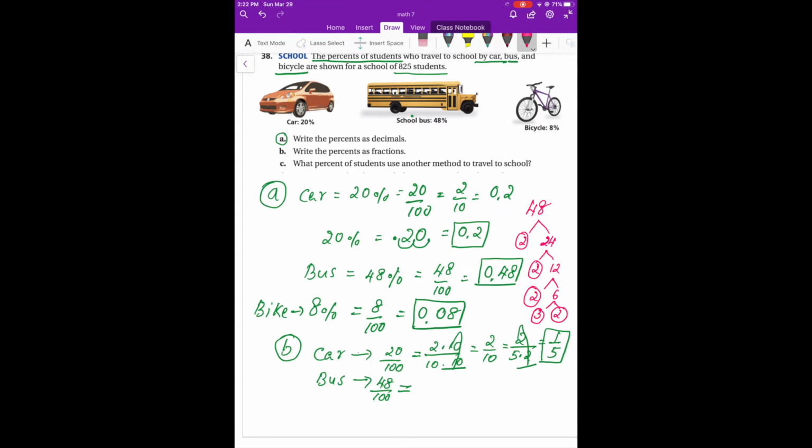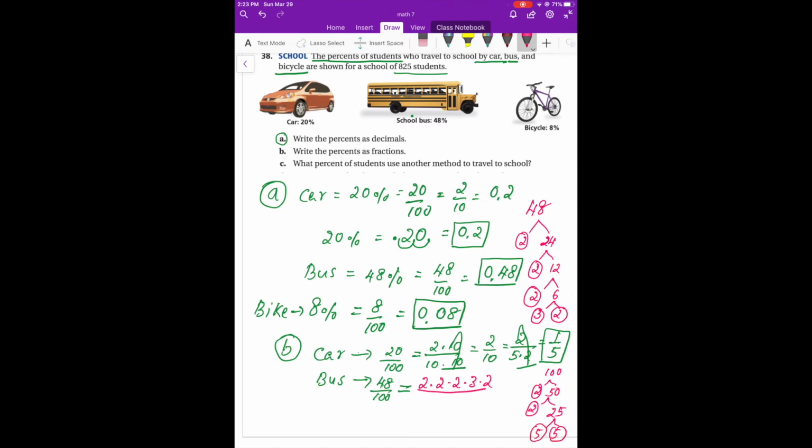That's a lot of prime numbers. So 48 is 2 times 2 times 2 times 3 times 2. How do I factorize 100? 100 is 2 times 50, 50 is 2 times 25, and 25 is 5 times 5.